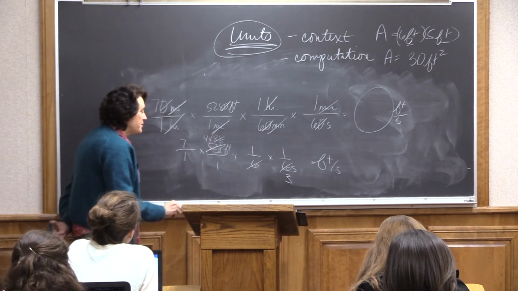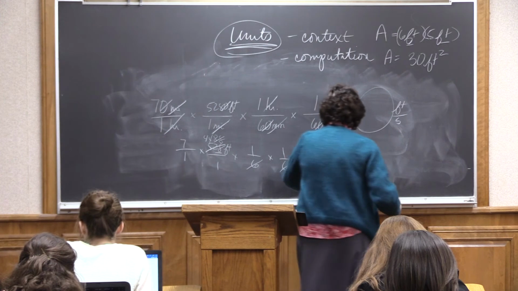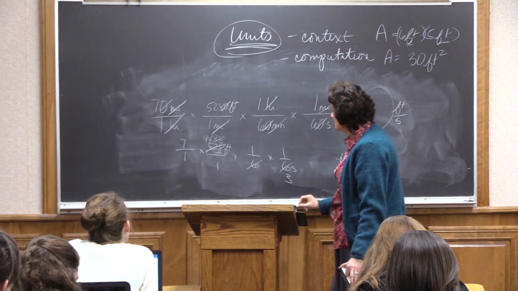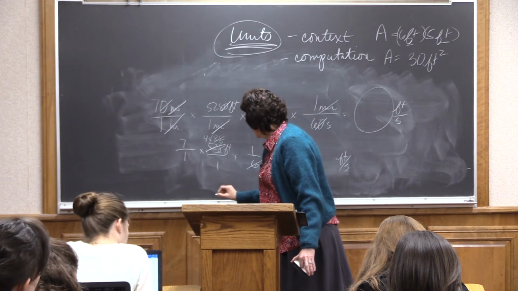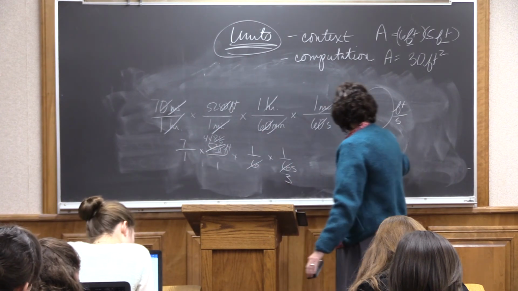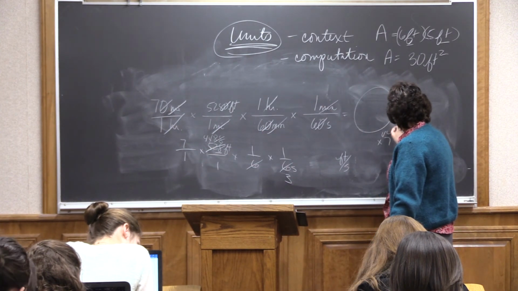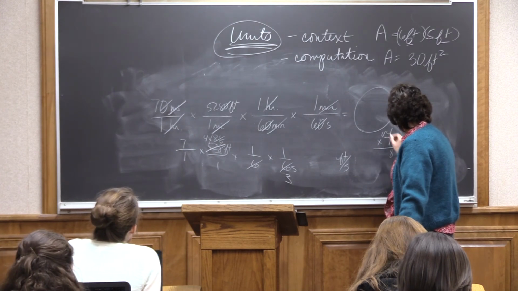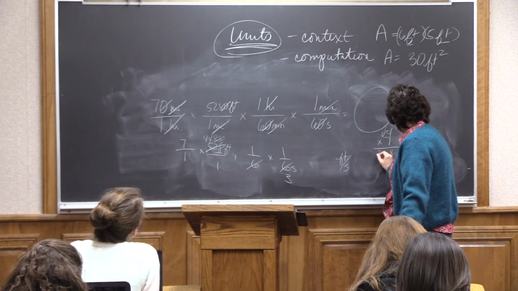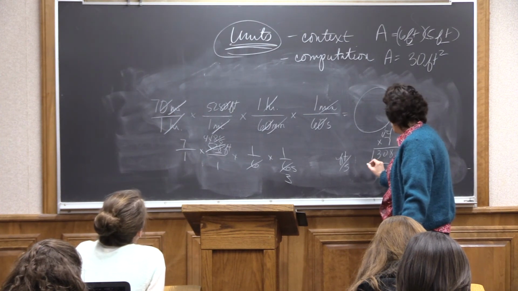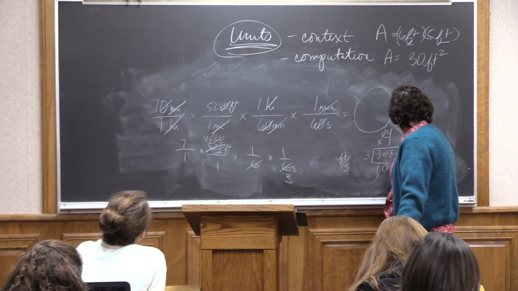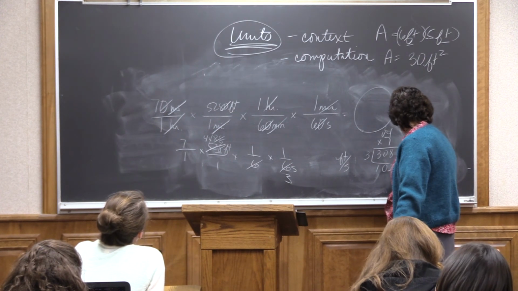So my only computation I end up having to do is 44 times 7, which is 308, divided by 3 twice.